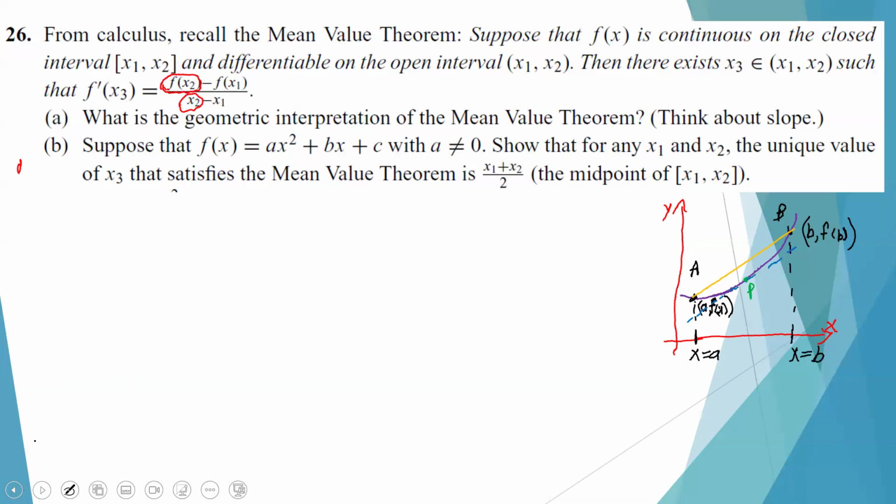And geometrically, so let's see, this is A. And I'm going to use shorthand. You guys will have to translate it, but that's fine.